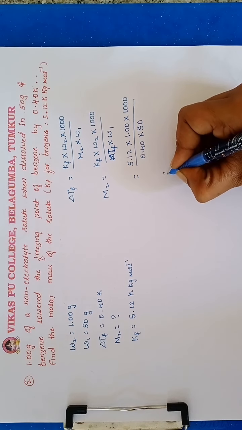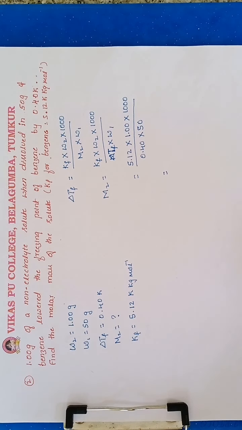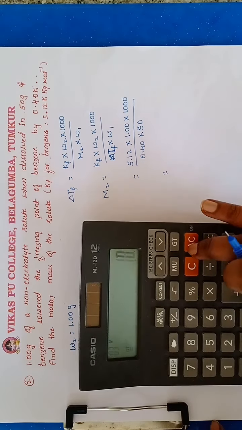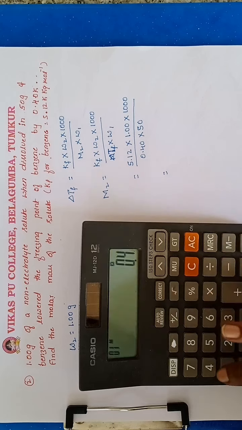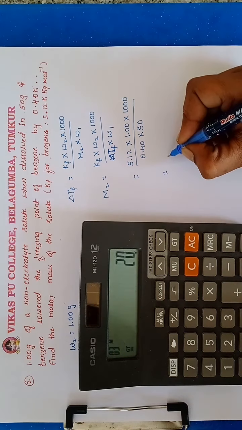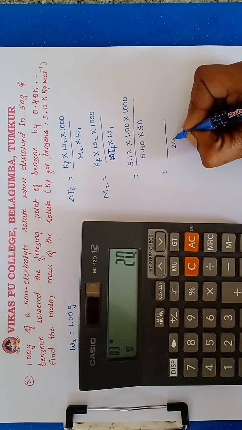Then we need to calculate this. 0.40 into 50 equals 20.